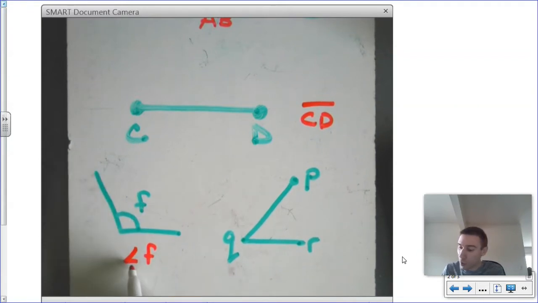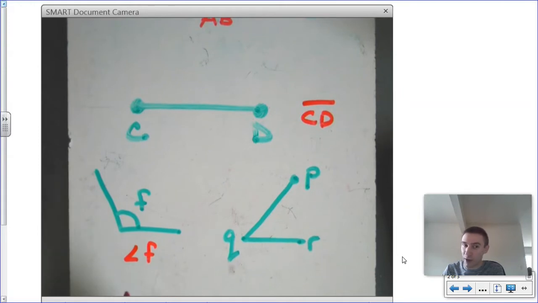And I use this little bent over L-shaped symbol to represent the term angle. If I want to represent the measure of a certain angle, so I might ask you, what is the measure of angle F? I'm going to write M for measure, the bent over L for angle, and then the F, or whatever angle it may be, okay?